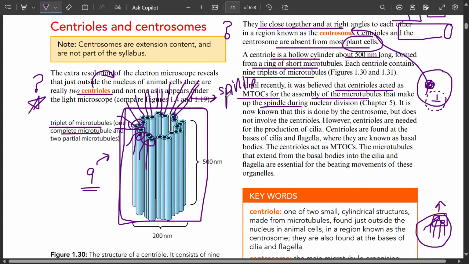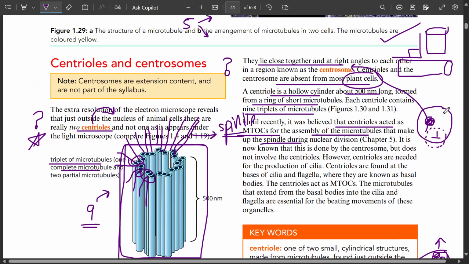Spindle fibers are very good at pulling organelles towards themselves. During cell division, these fibers pull back to the cell. They come out of these microtubules, and it is all done by the region known as the centrosome. They are also needed for the production of cilia, flagella, and all of that.